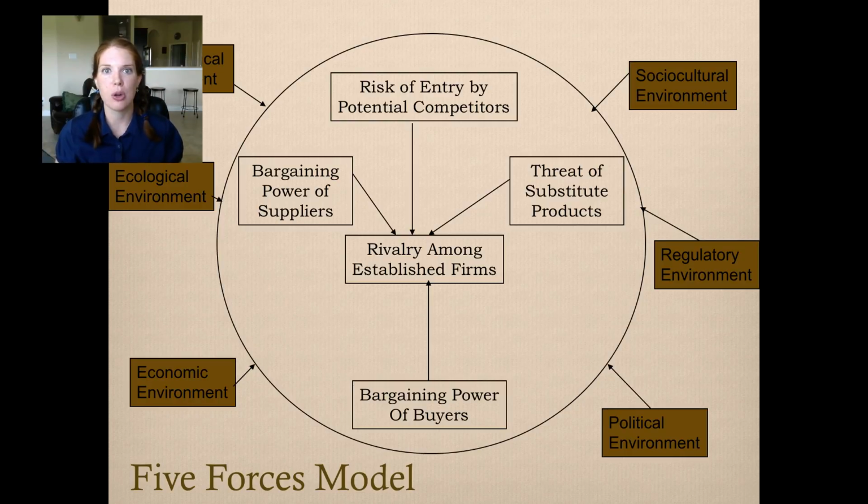Okay, a threat of substitute in the industry right now for hotels would be something like Airbnb or vacation rentals. So instead of staying at a formal hotel, I'm staying at people's homes or people's vacation rentals. Threat of substitute for a restaurant might be going to the grocery store, buying ready-to-go foods from the grocery store, or even cooking at home.